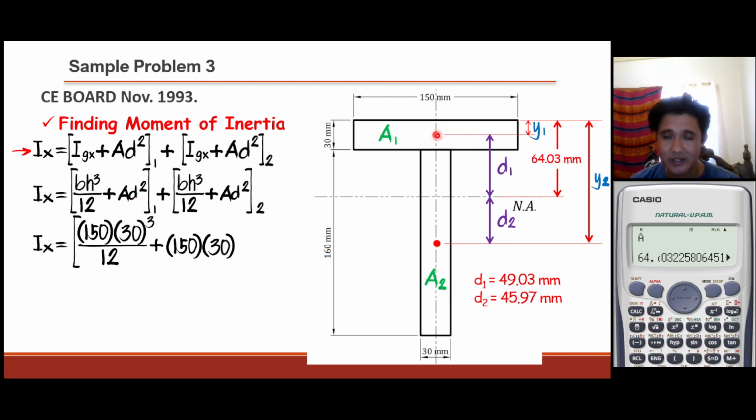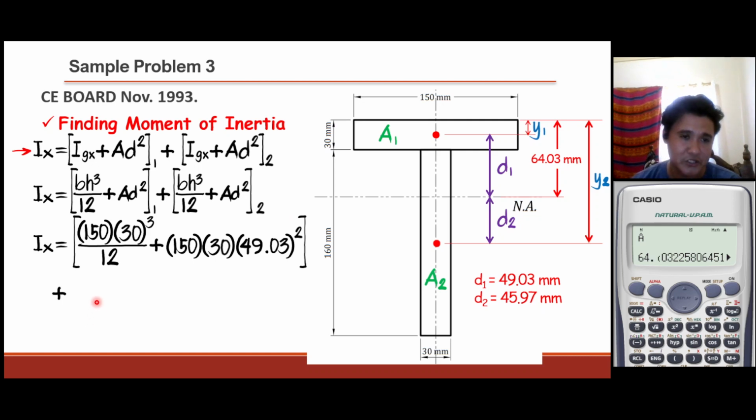Yung D squared natin ay yung distance ni centroid from the parallel axis. So, yung distance na ito, which is yung D1. Okay? So, D1, that is equal to 49.03 millimeters. Tapos, i-square lang natin. So, that is yung moment of inertia natin with respect to x considering area 1.